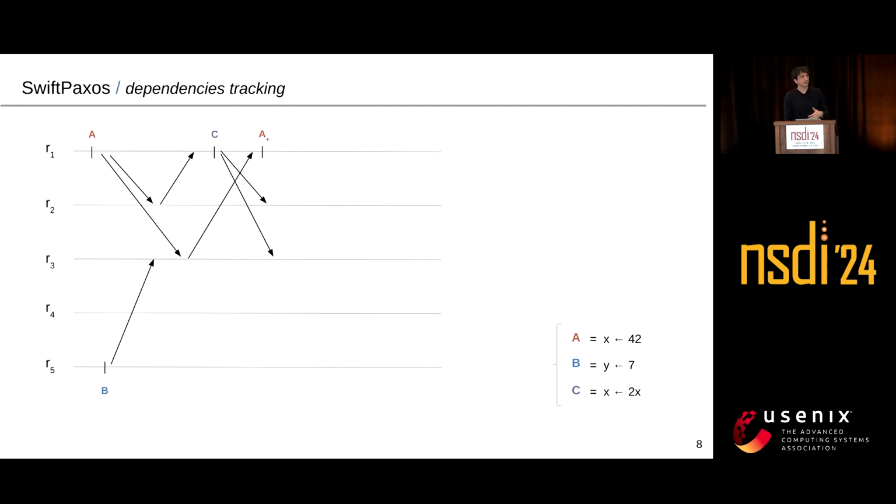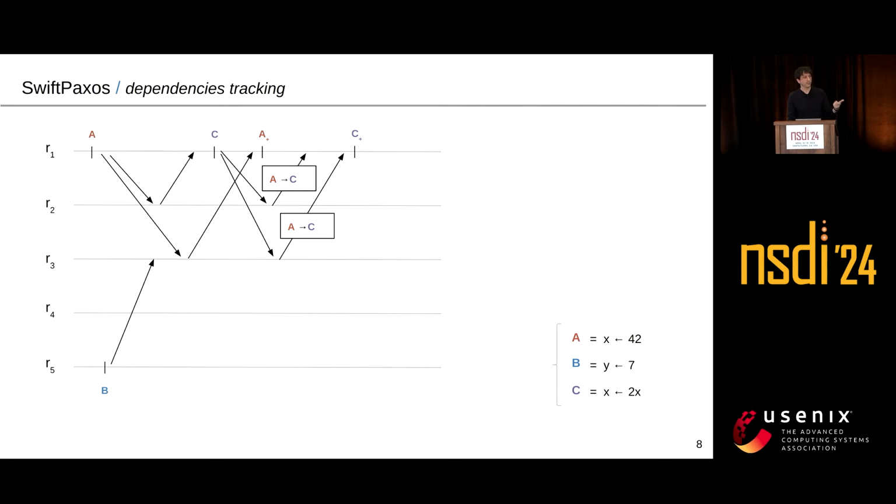Dependencies also allow executing commands when there is no contention, that is, commands that are conflicting but received in the same order at the replicas. So let us consider a third command, C, that is doubling the value stored in variable x. This command is received in the same order at the replicas R1 to R3.